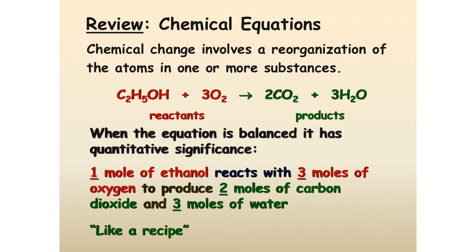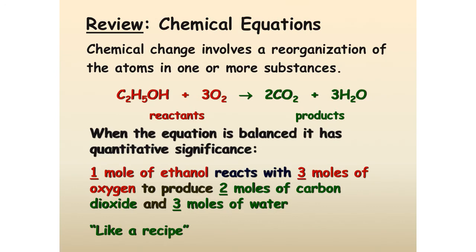First we have just a little bit of review about our chemical equations, just to refresh our memories. A chemical change is a change that involves the reorganization of the atoms, and it will end up producing new substances. If we take a look at the particle diagrams, you'll see the atoms rearranging.